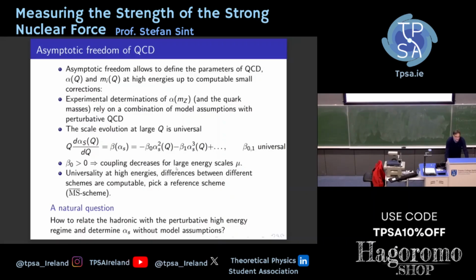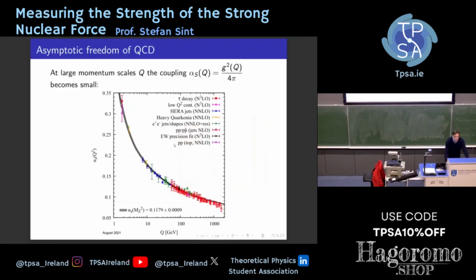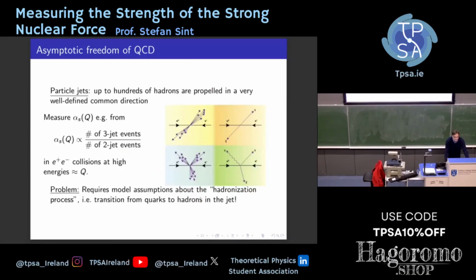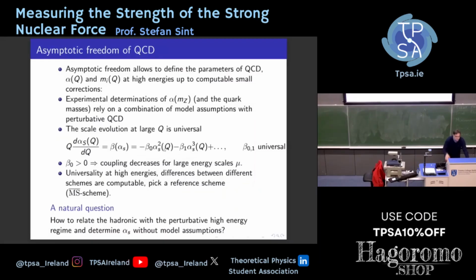That means the coupling decreases for large energy scales mu, and this is reflected by this decrease here. At large Q this becomes small, and therefore the coupling between quarks becomes smaller and smaller. This is what is termed asymptotic freedom. Very high energy means very small distances, so quarks that are very close together behave almost like free particles.